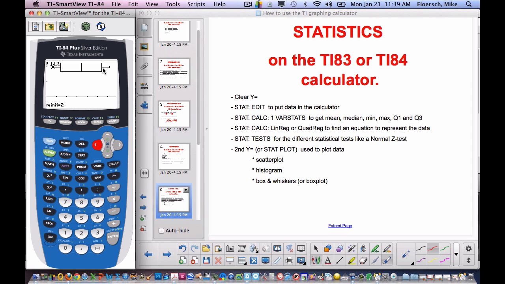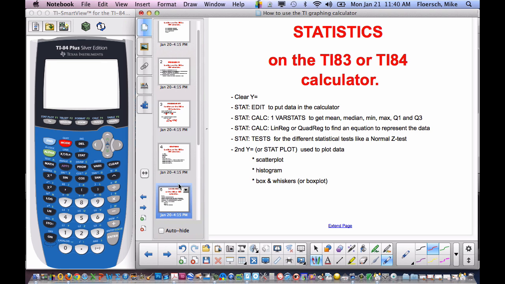If I scroll to the right, this would be Q3, and then this would be max. But if you hit the trace button, that will help you find information for your box and whiskers, or what your minimum and your maximum, your Q1, your Q3, which is your 25th and 75th percentile, and your median, which is your 50th percentile. It's a great way to work with statistics on your calculator.